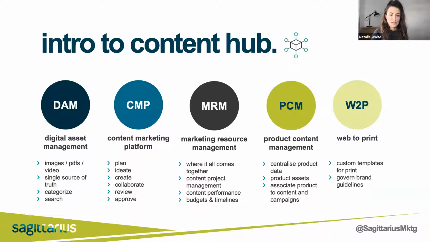So Content Hub itself started off as Sitecore bought a company called Stylelabs several years ago now, and since then it's evolved into what is currently a suite of products, which is 5 products at the moment.